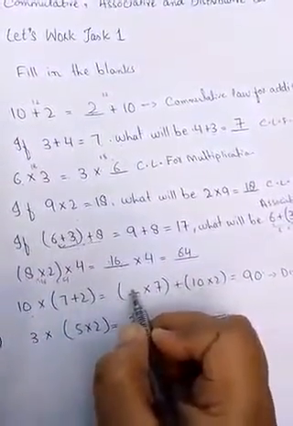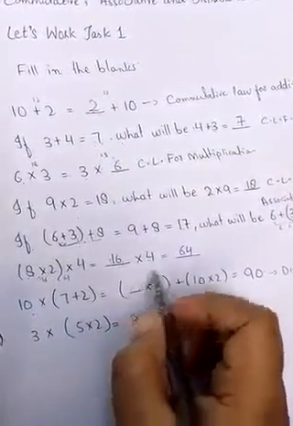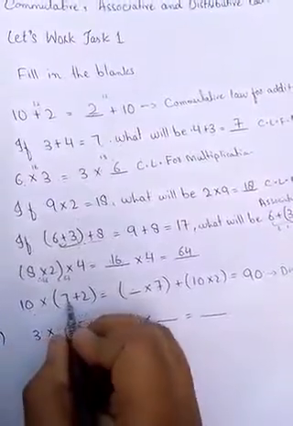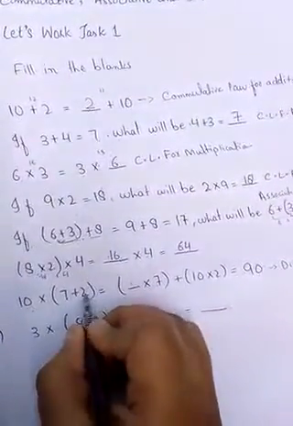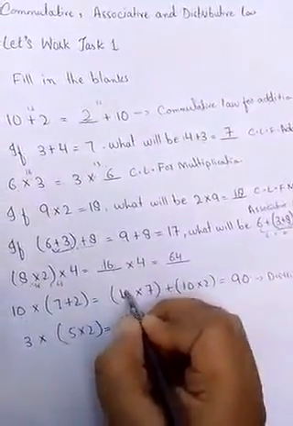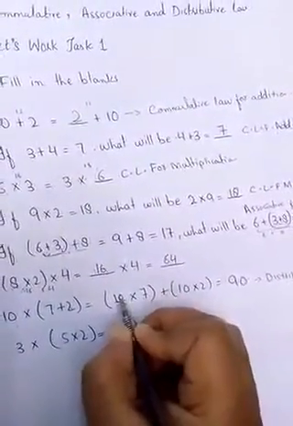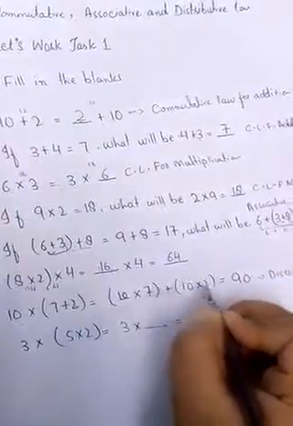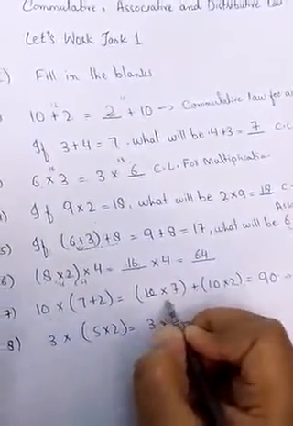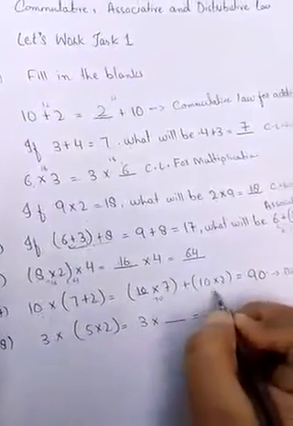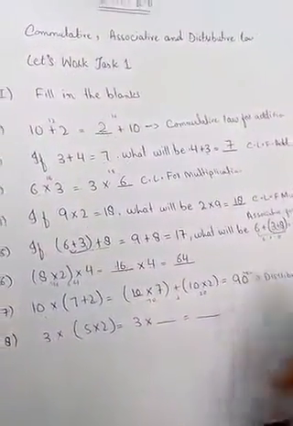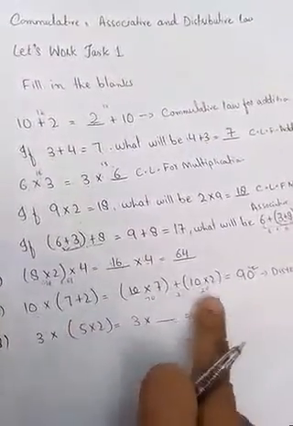What we have to write in the blank? We have to write 10, because we distribute 10 into 7 and then 2. First we multiply 10 by 7 and then we multiply 10 by 2 and then find their sum. 10 7s are 70 and 10 2s are 20, and when we find their sum we got 90. So now all the sides are equal.